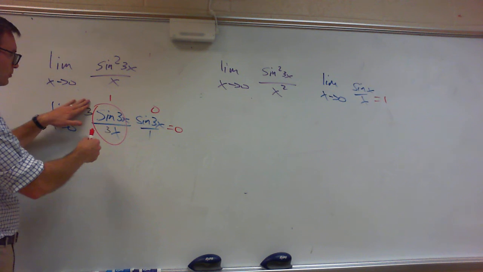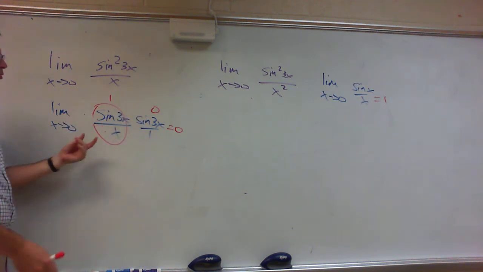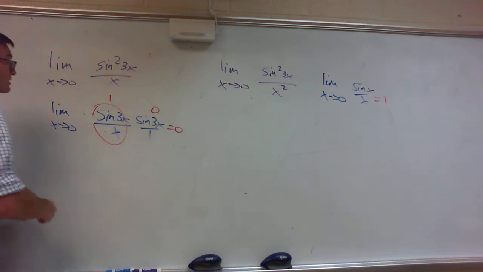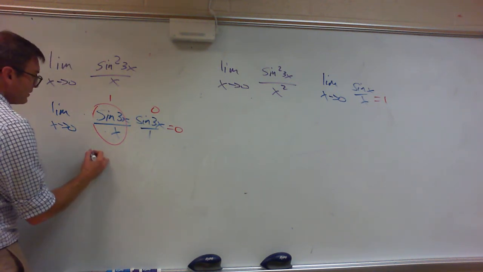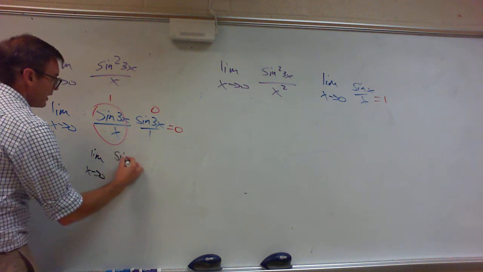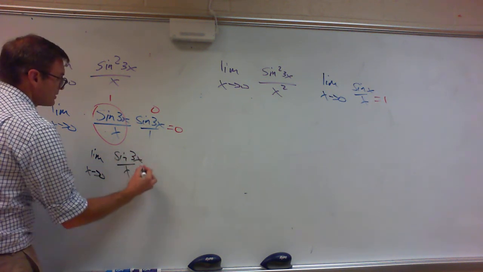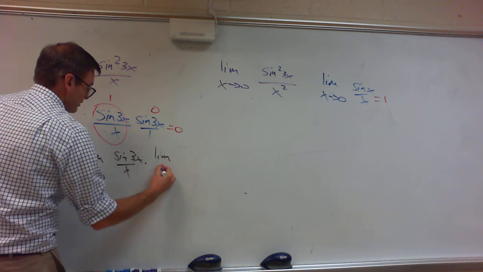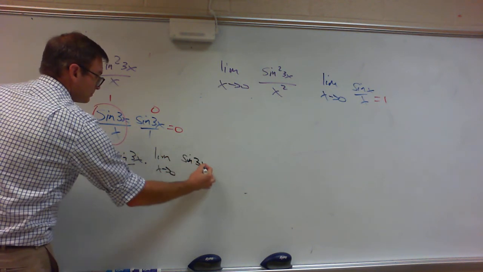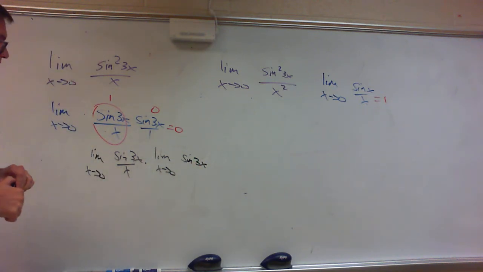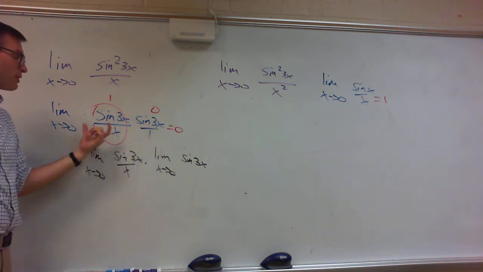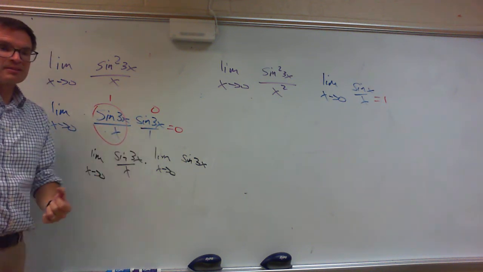Whenever you're multiplying two things together, one of the properties of limits is you can rewrite this and say this is going to be the limit as x approaches 0 of sine of 3x over x times the limit as x approaches 0 of sine of 3x. So whenever you're multiplying, you can break these two things apart and say it's the limit of this thing times the limit of this thing.